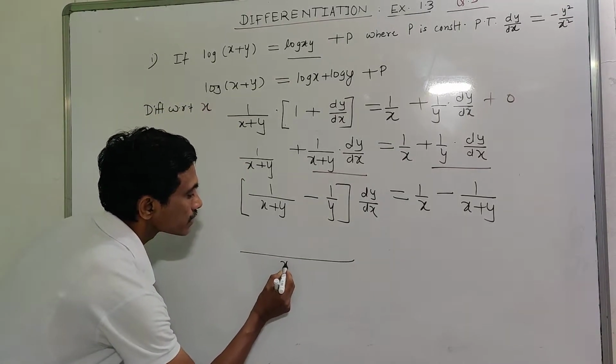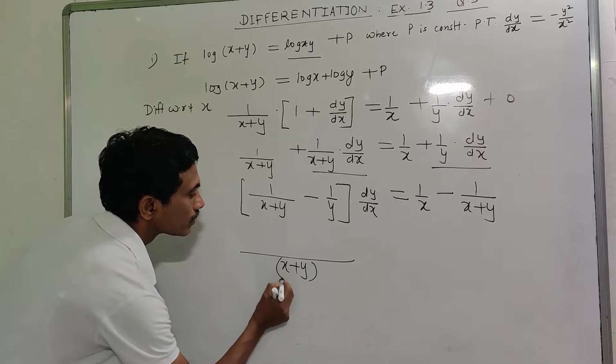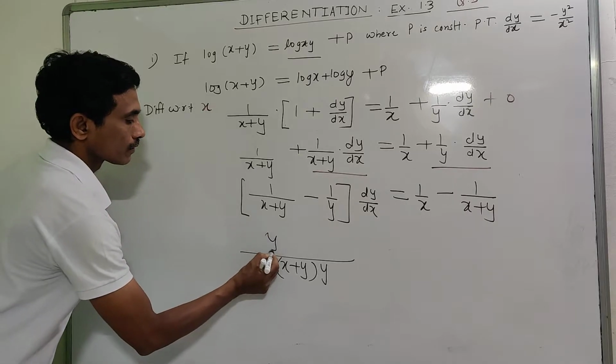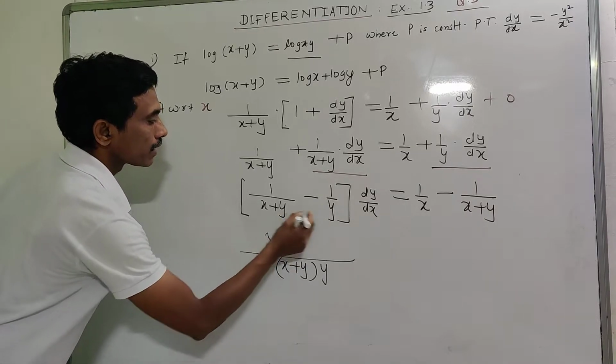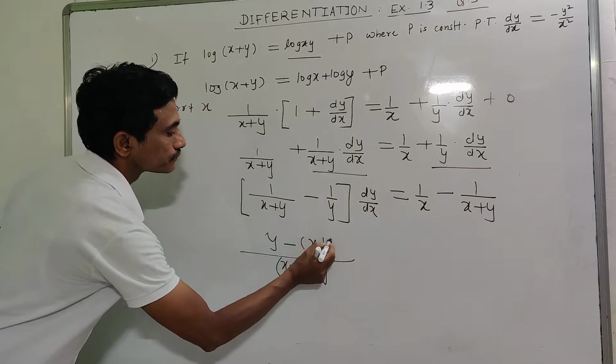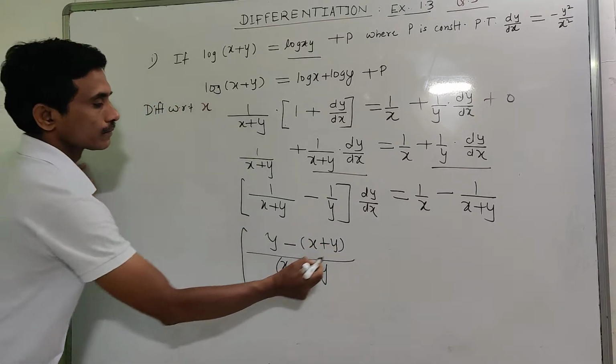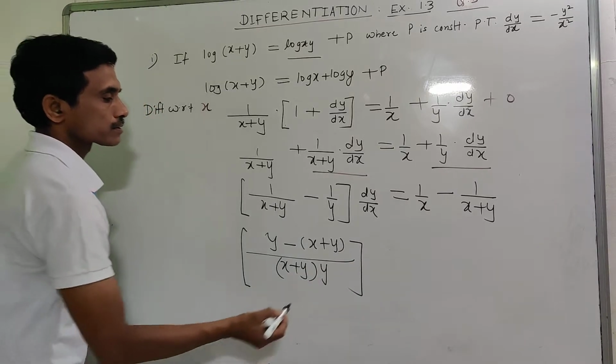Here LCM is x plus y into y, so y minus x plus y into dy by dx.